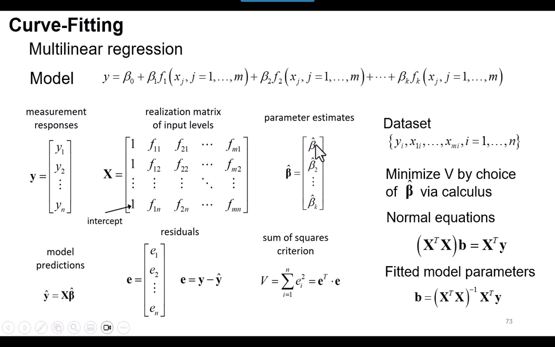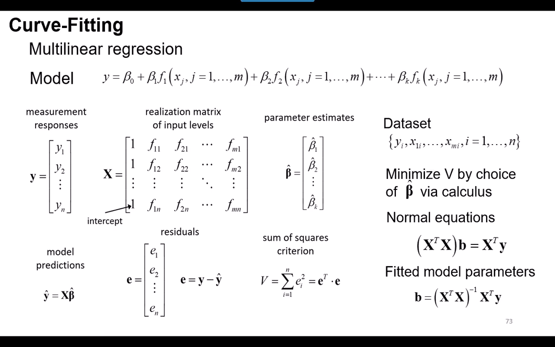And then we have estimates of our parameters, not the true, but the estimates. And we have our data set, which was used to compute this matrix. So we have n data for different values of our x variables.